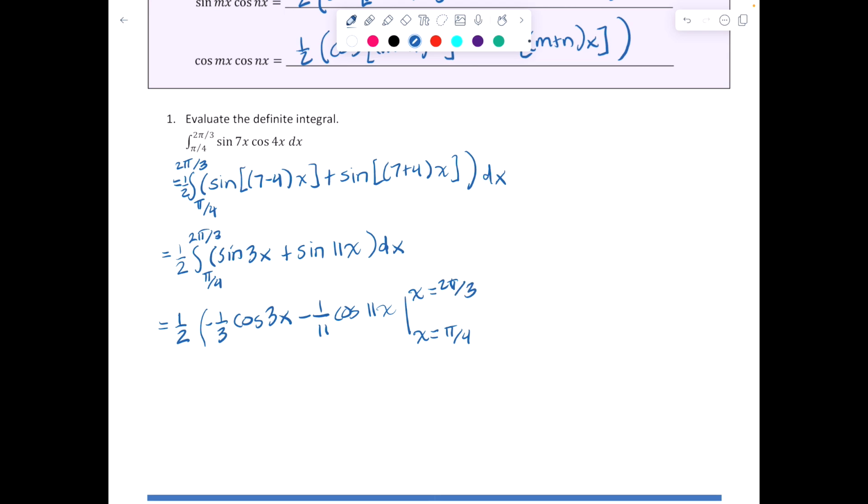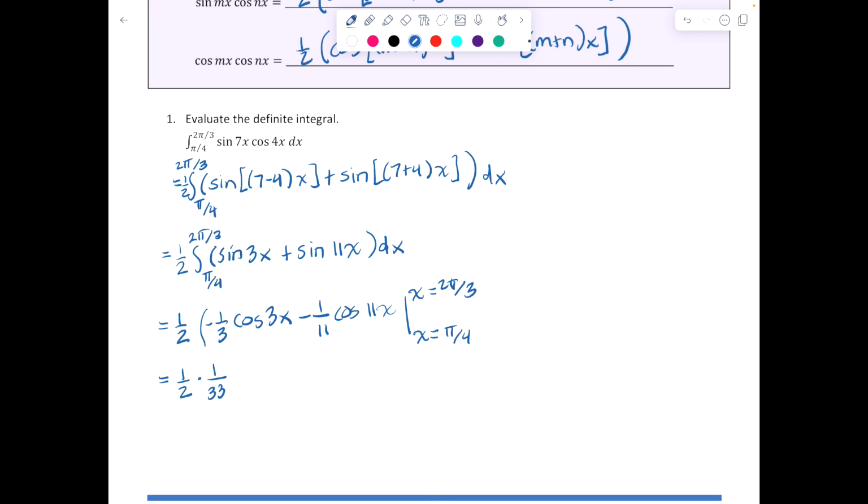Now, just to get some of these fractions out, let's get a common denominator. If you multiply all three of them together, you get 66. Sorry. So I'll do it like this: 1/2 times 1 over 33.